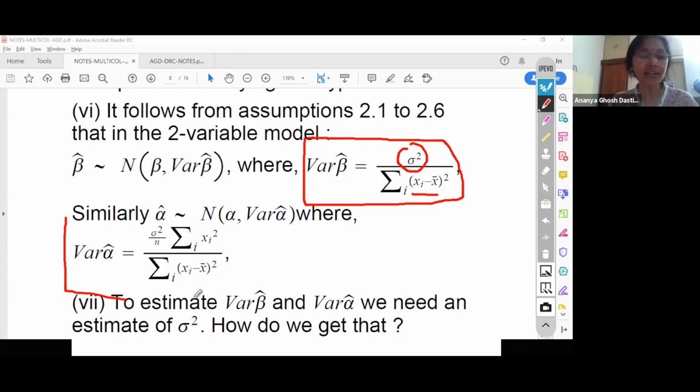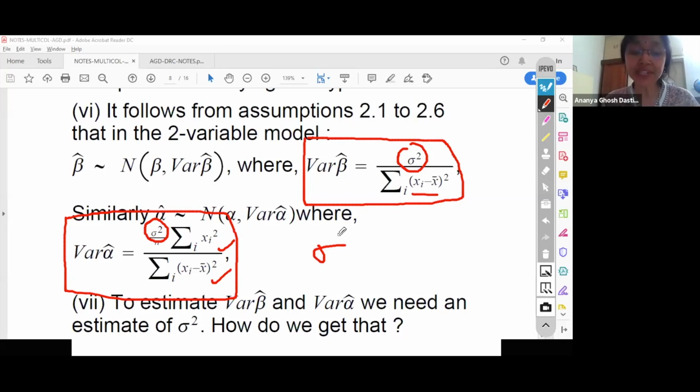Look at the variance of alpha hat. The variance of alpha hat is a function of sigma square, which is an unknown, and a function of the knowns. So how do I now calculate the variance of alpha hat and beta hat? I can't do that until I have first estimated sigma square.